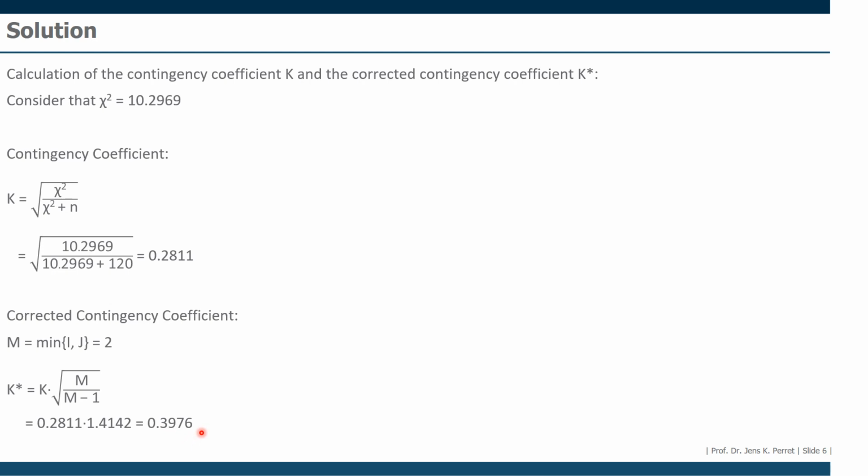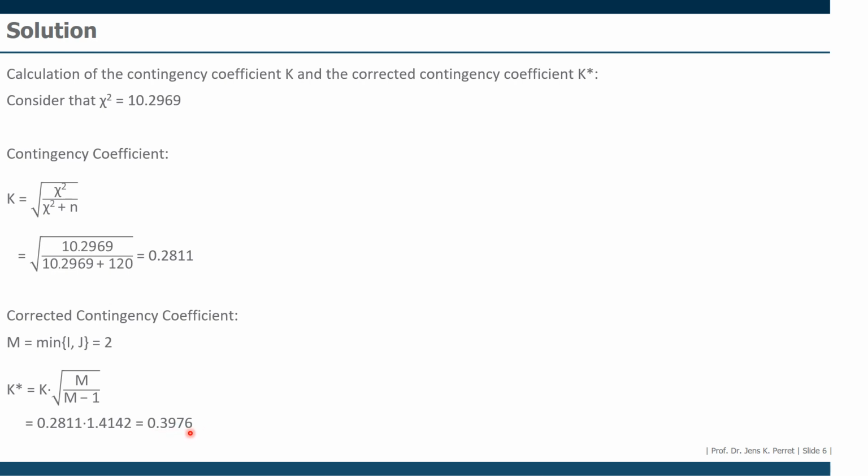This is somewhere between 0.3 and 0.5. Therefore, it's a medium strong relation. We had the thresholds 0.1, 0.3, 0.5. Below 0.1, there's no relation. 0.1 to 0.3, weak. And then, well, 0.3 to 0.5, medium, and larger than 0.5, a strong relation.